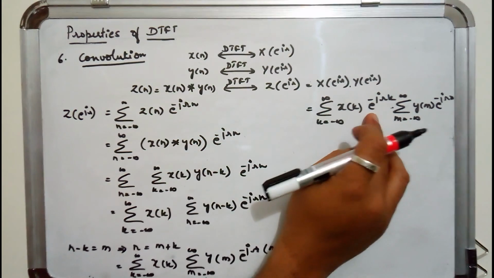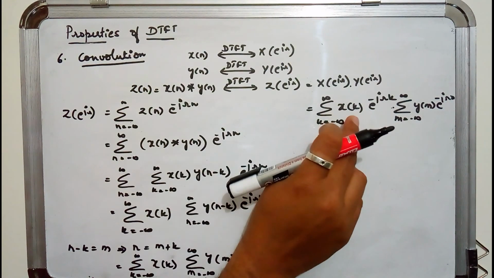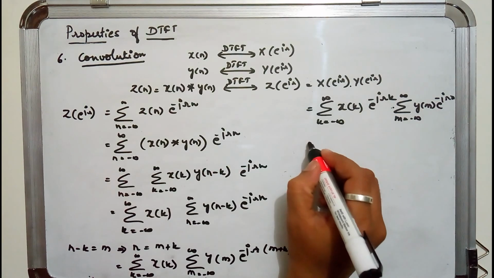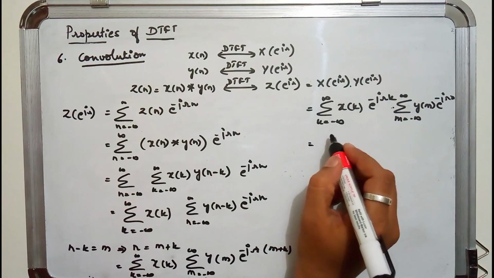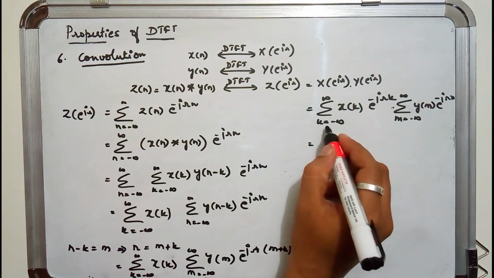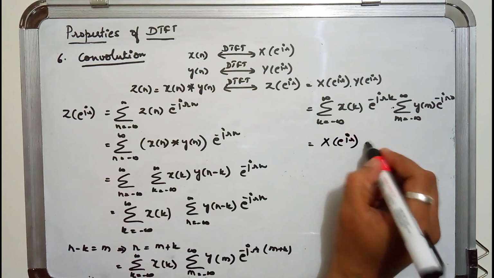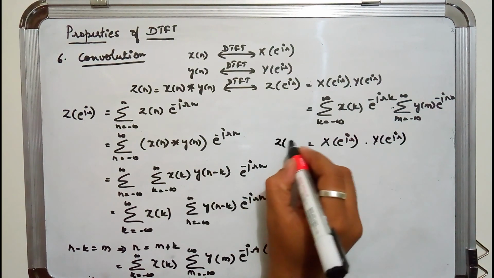So what is this term? It is of the form summation n equals minus infinity to infinity x of n e power minus j omega n. So this is the DTFT of x of n, whereas here it is x of n only with a different variable k. So it is X of e power j omega into Y of e power j omega. This is Z of e power j omega.